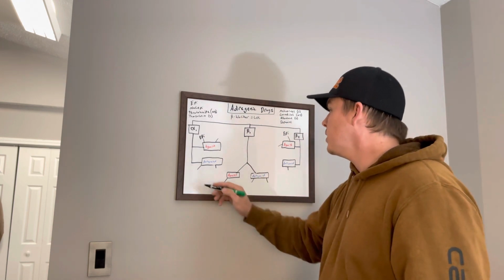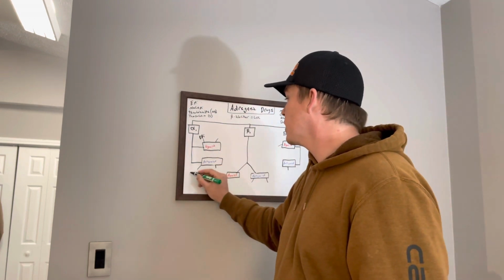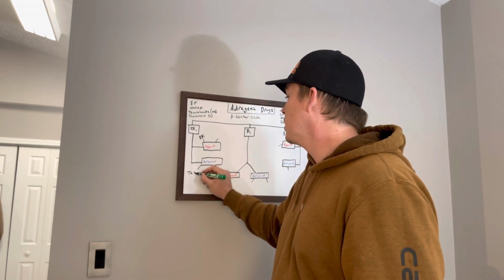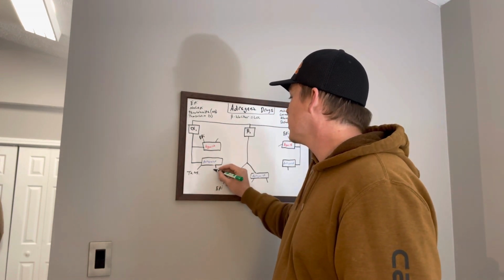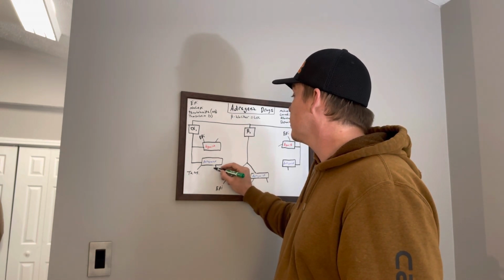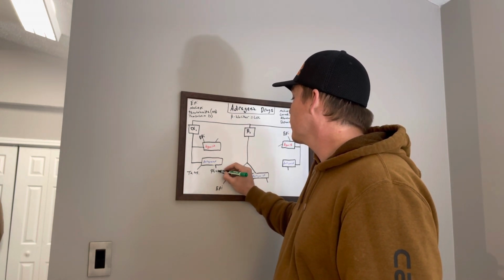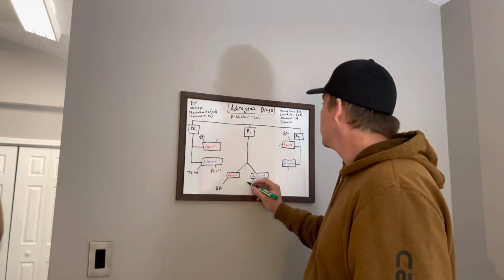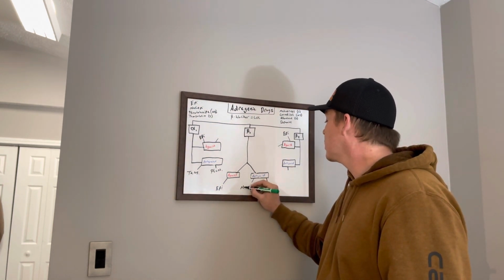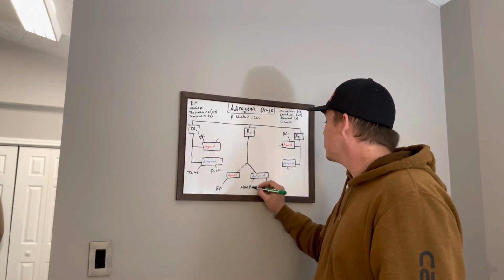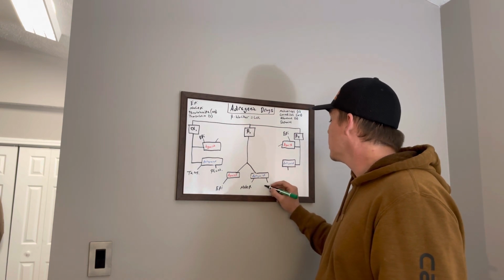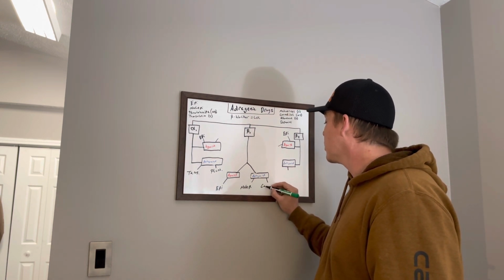So let's go ahead and throw all these on here real quick, and I'm going to abbreviate all of them. So we've got metoprolol, and let's go ahead and talk about carvedilol.